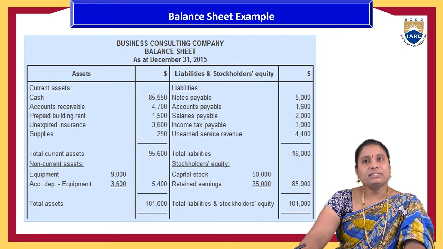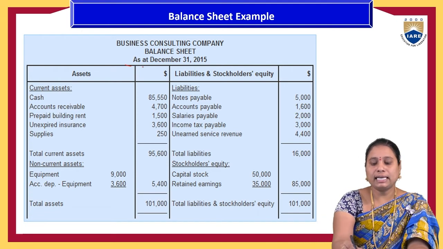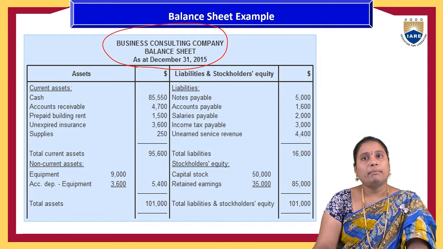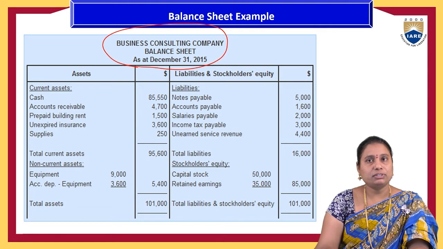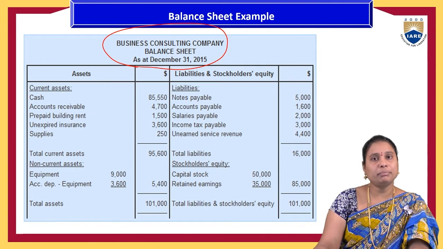See, if you look at this example of a balance sheet, the first thing indicates the title of the organization, a business consultancy company's balance sheet as at 31st December 2015, because they have treated the year as January to December.